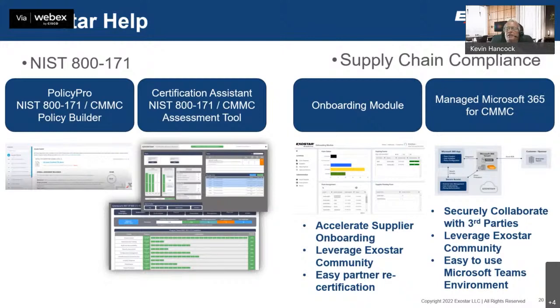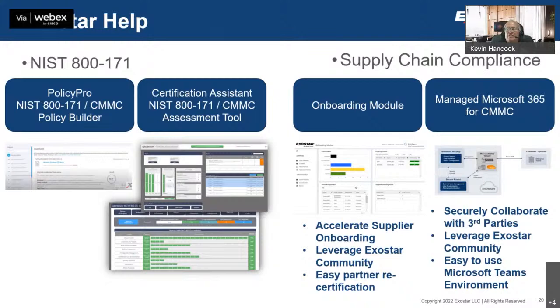Both are SaaS applications, and both have the CMMC requirements built into them today, so they also walk you through building policies for CMMC and doing an assessment around CMMC itself.